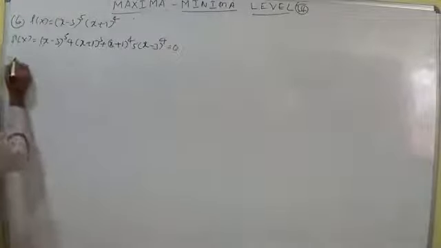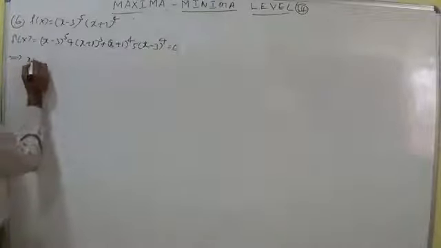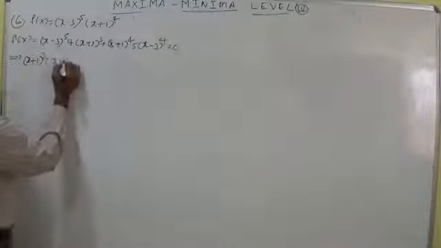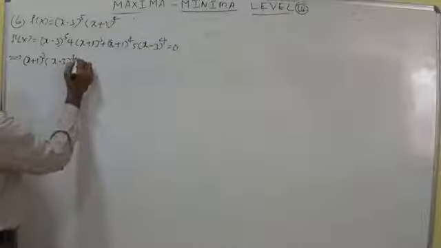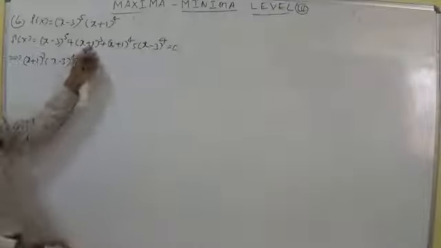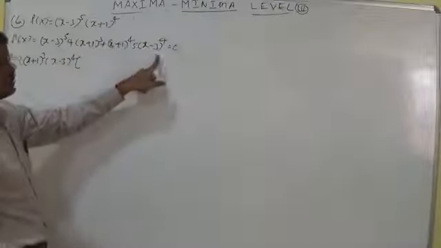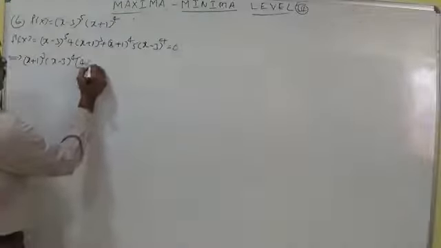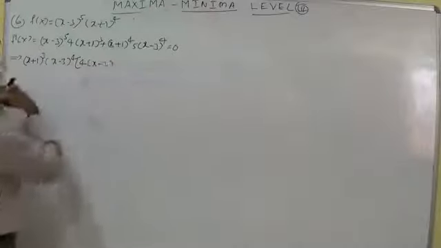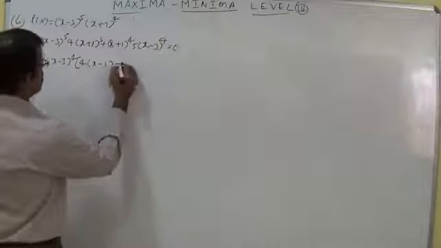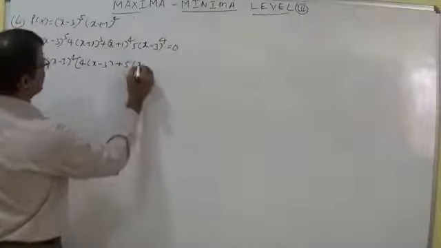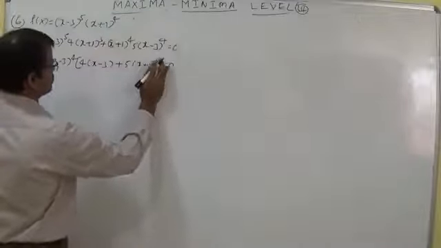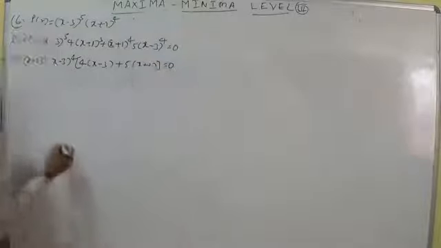We can take common x plus 1 whole cube and x minus 3 whole power 4, taken common here and here also. So you can write 4 into x minus 3 plus 5 into x plus 1, in square brackets, is equal to 0.